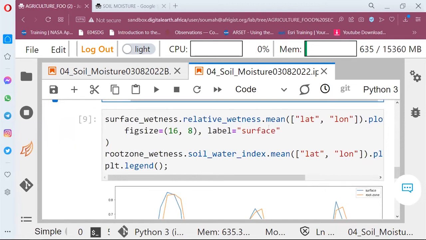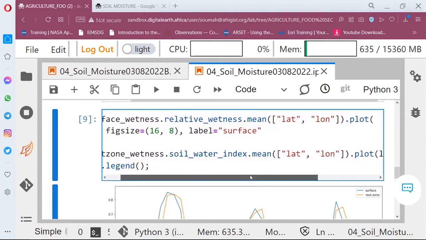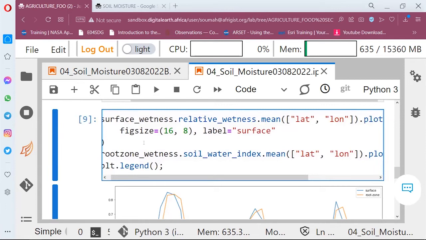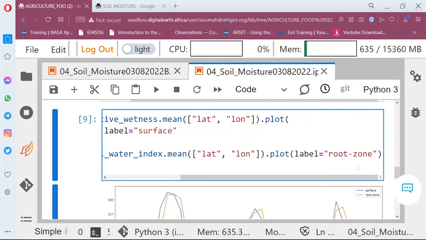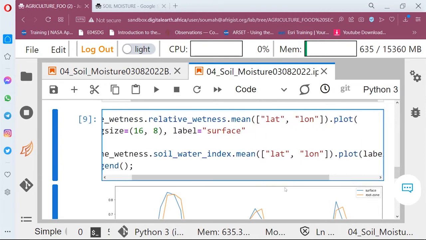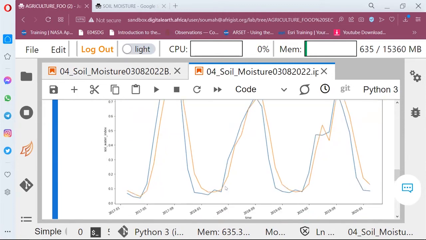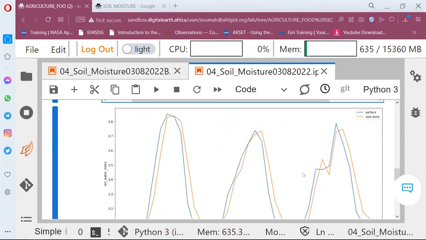The surface wetness is given by latitude, longitude, and we represent them by defining the figure size, and we label it as surface. The same for the root zone, which we label as root zone. That's the figure we have here. The legend gives you the surface in blue and the root zone in orange.